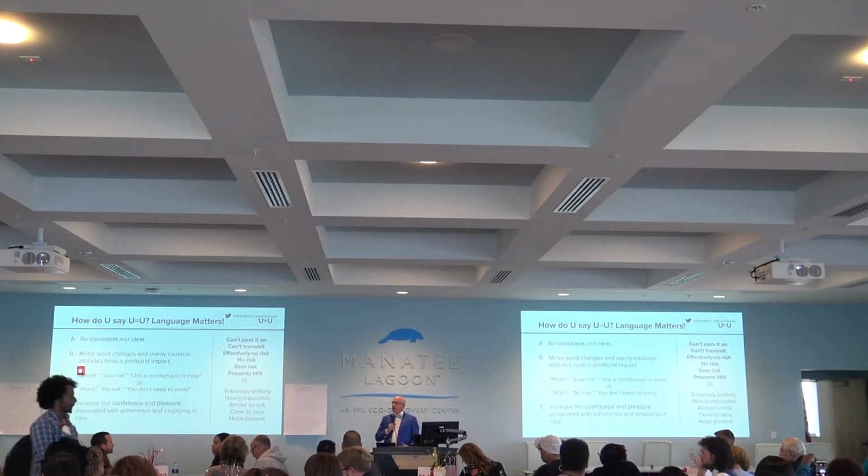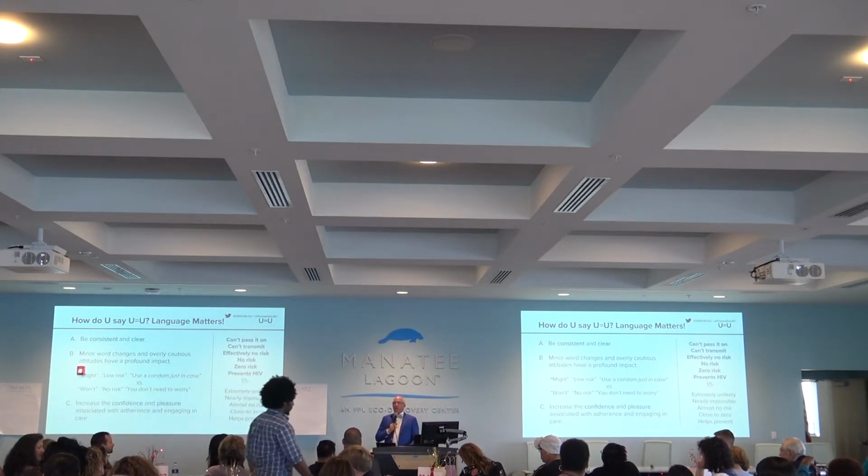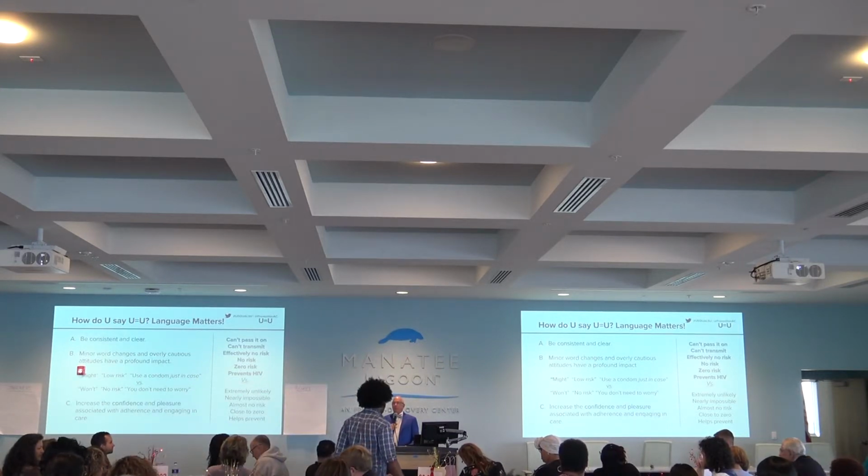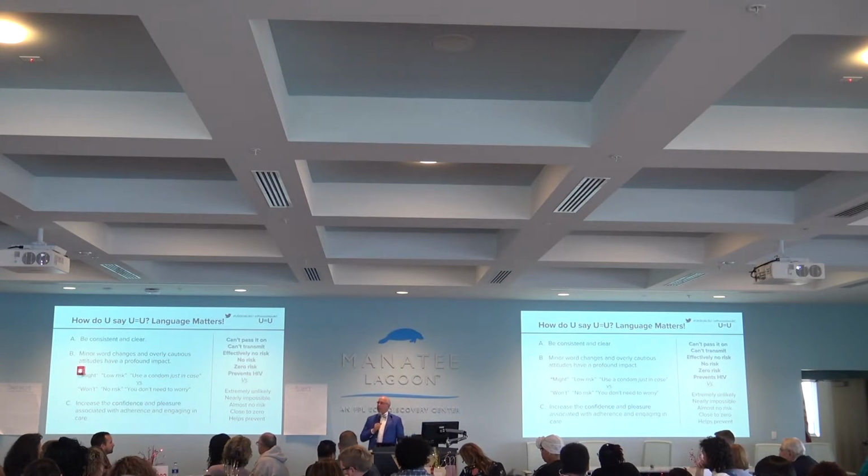And I learned a long time ago with communications, especially for patients. I remember, it must have been about 1987. I don't know if any of you are old enough like me to remember all this, but around 1987, 1988, there was an article in Cosmopolitan magazine that basically said that heterosexual women were not at risk for HIV.